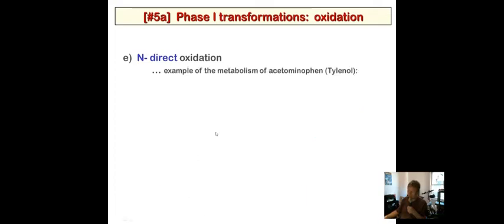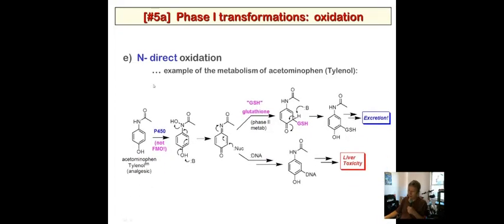Indirect oxidation. Okay, another example. Metabolism of Tylenol. Here's Tylenol, acetaminophen. P450 again, in a kind of weird exception, because normally direct oxidation is done by FMO. In this case, P450 oxidizes the nitrogen to the hydroxylamine, the OH version.